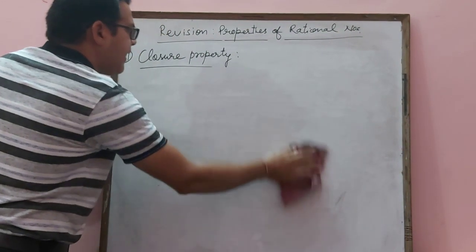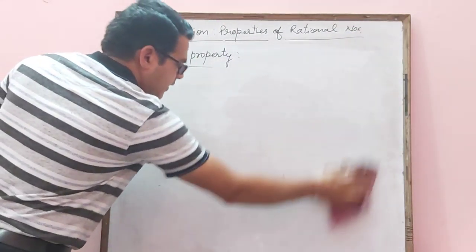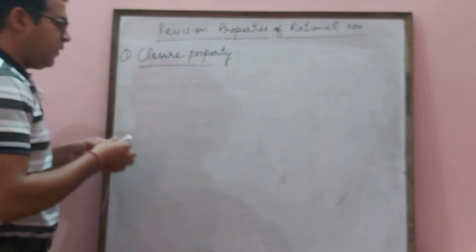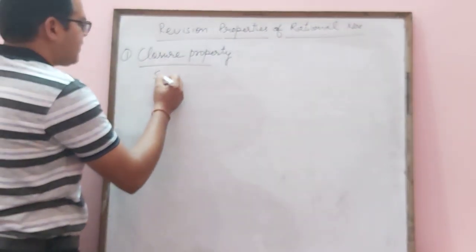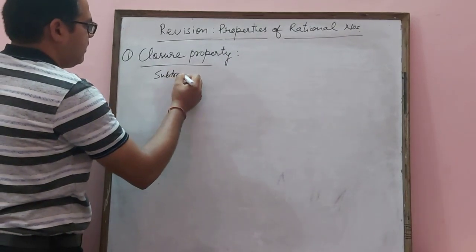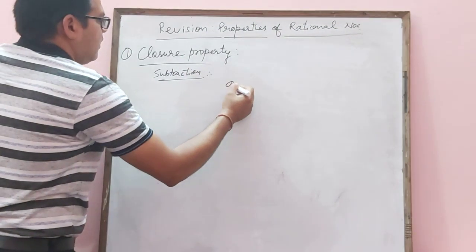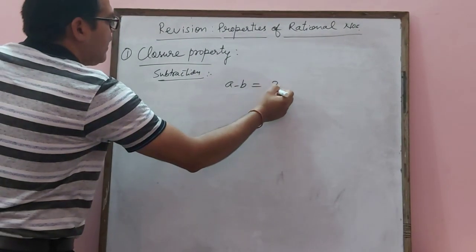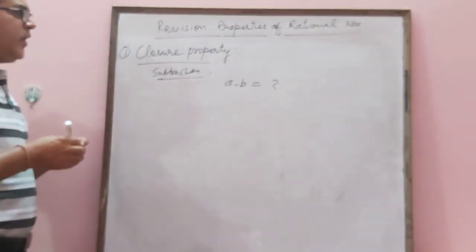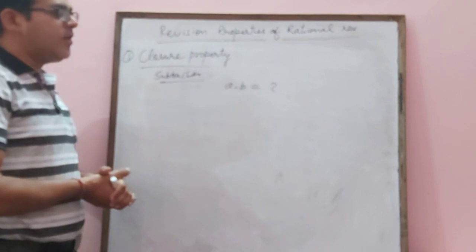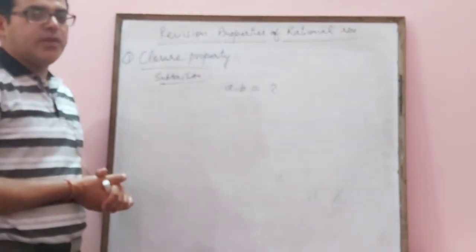You can take any number as A and B. Now for subtraction we will check it. A minus B equals what? It means we need to find what will come when we subtract one rational number from another rational number.